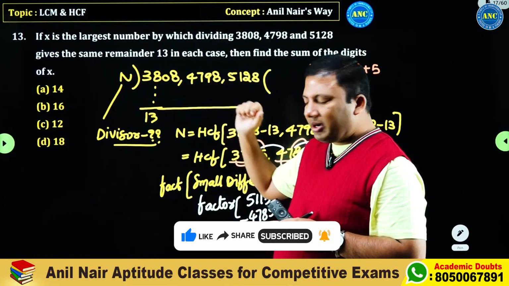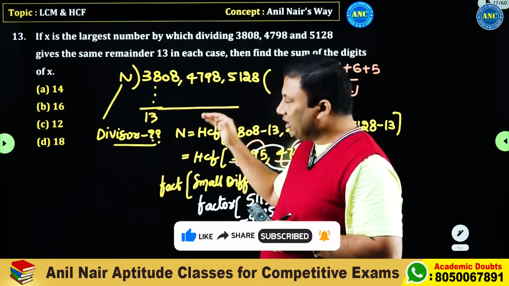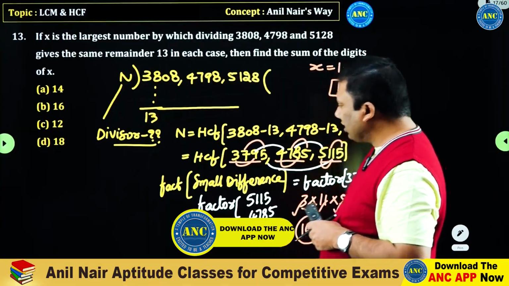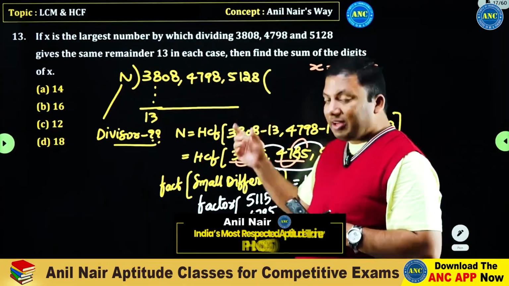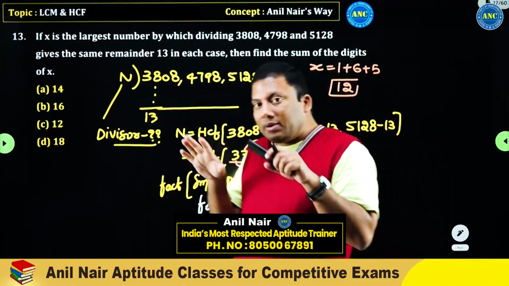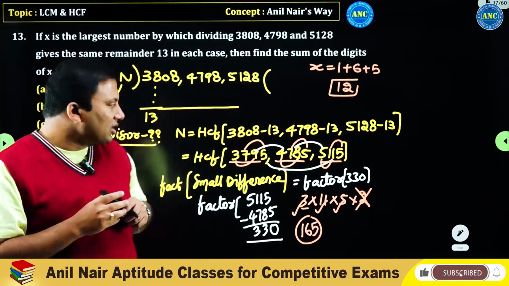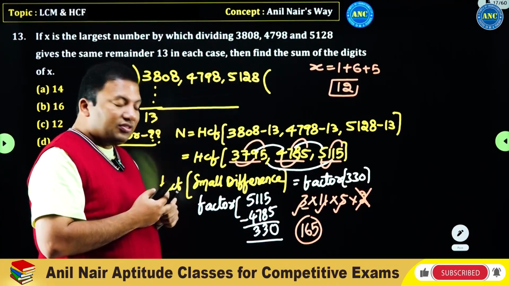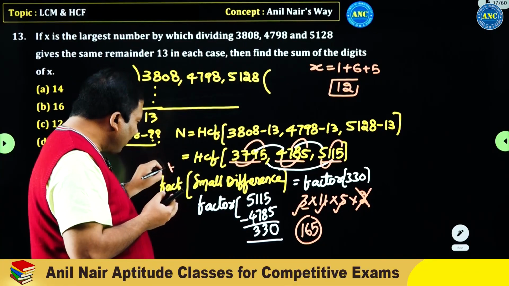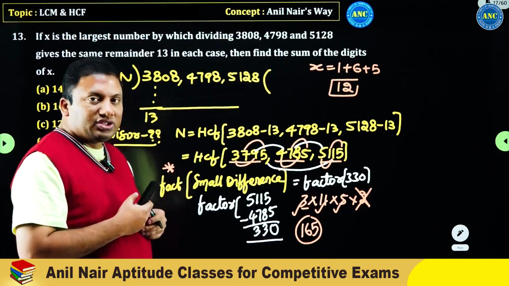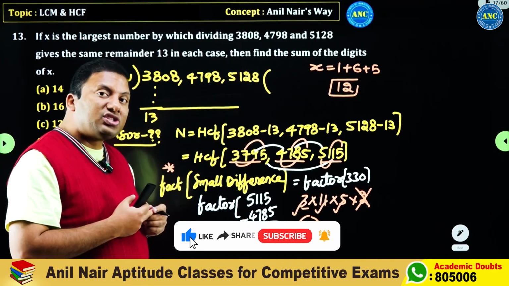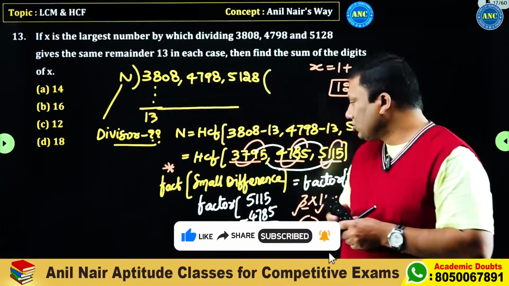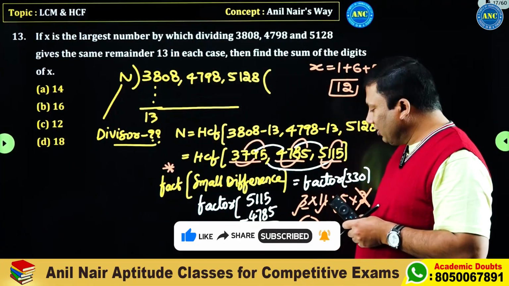3808 divided by n, remainder is 13. 4798 divided by n, remainder is 13. So the answer will be the HCF. Whenever divisor related problems are there, we will use the concept of HCF of the numbers' differences. There is a beautiful concept here: whenever bigger numbers are there, for the HCF we take the smallest difference between the numbers.